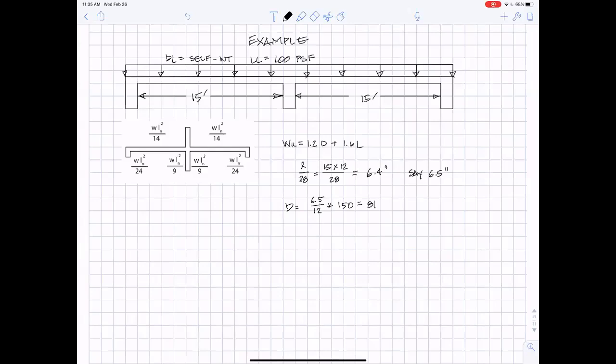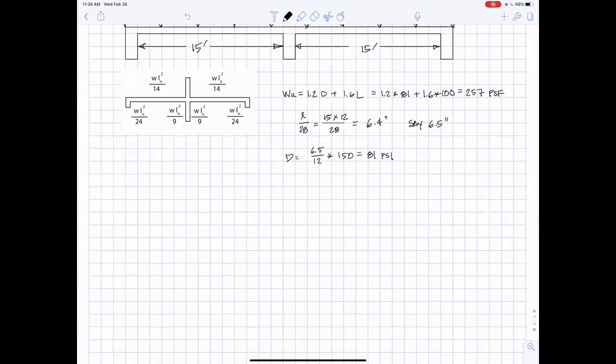So there we go, 81 PSF. And so the dead plus live is 1.2 times 81 plus 1.6 times 100. And that comes out to 257 PSF.